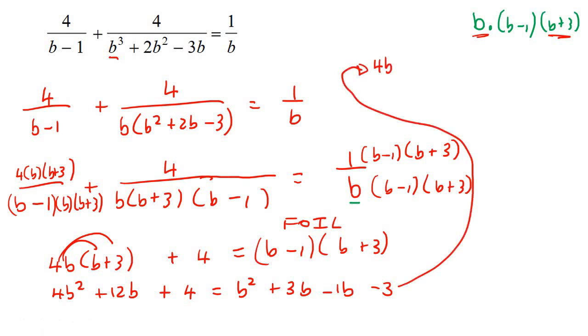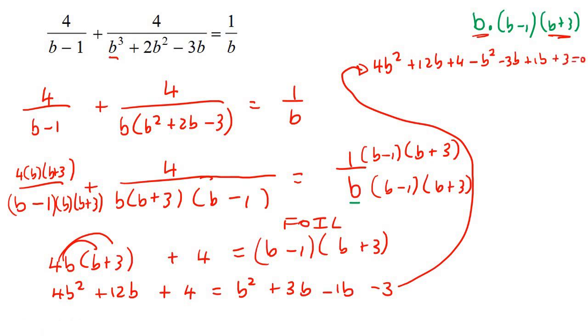And so we're going to have 4b squared, add 12b, add 4, take away b squared, take away 3b, add 1b, add 3, and make that equal to 0. Okay, so I took everything to the left. Let's try and neaten that up a bit there. Take away 3b, add 1b, add 3.